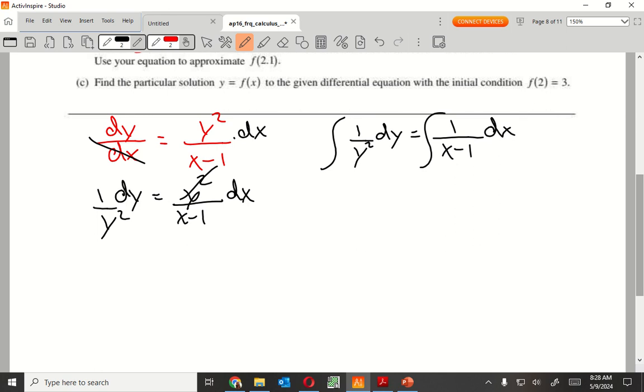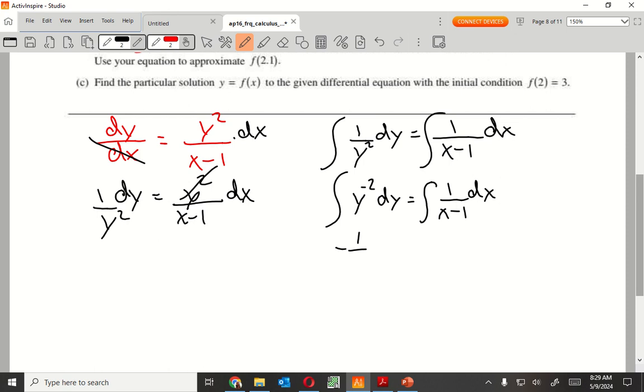So I'm going to rewrite it a little bit. This is going to be y to the negative 2. When I take the integration of this one, it's going to give me a negative 1 over, remember, what do I do to my exponent?